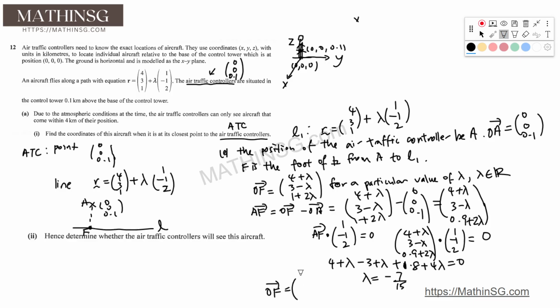So OF equals 4 minus 7/15, 3 plus 7/15, 1 plus 2 minus 7/15. So this one is 3 8/15, 3 7/15, and 1/15. So in other words, the required coordinates.